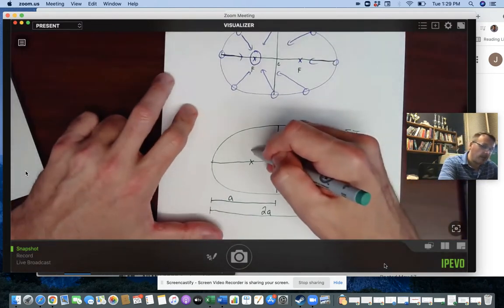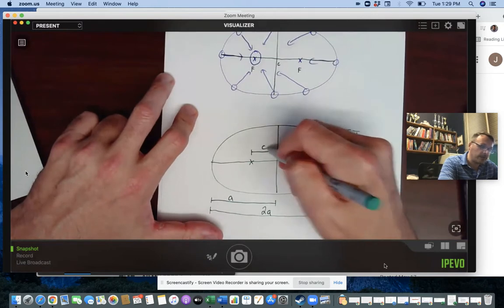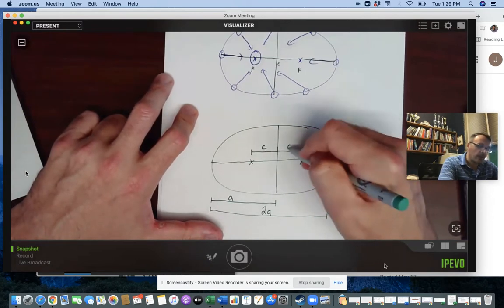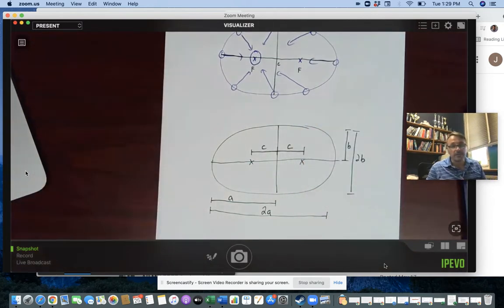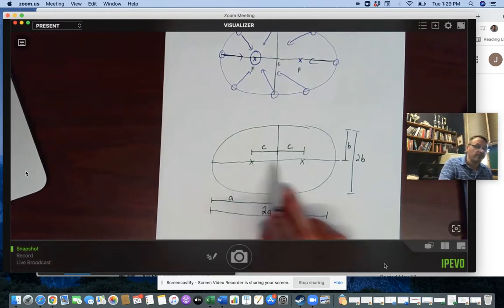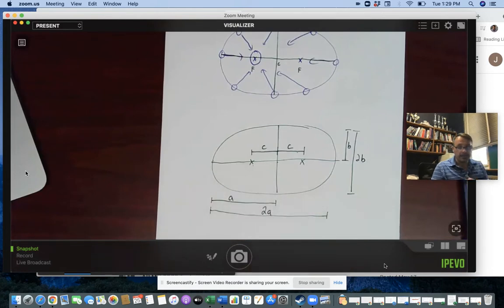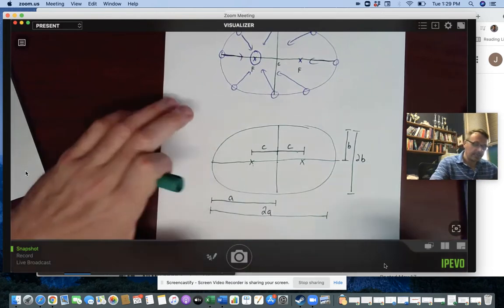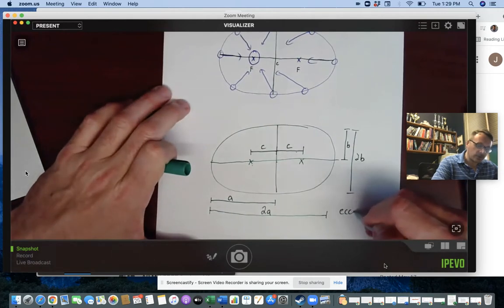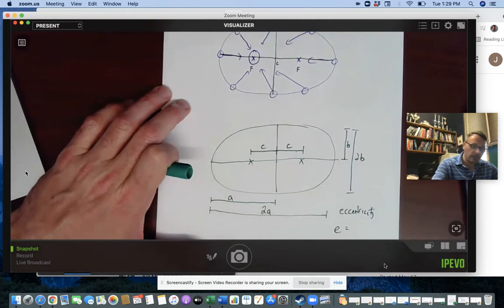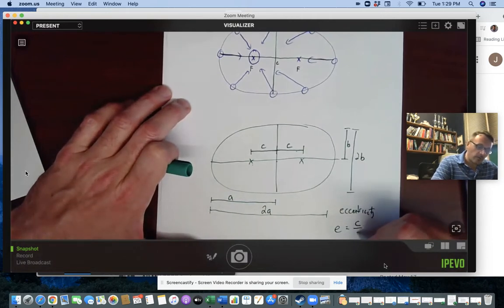The distance from the focus to the center of the ellipse is called c, and it's called the focal distance. So technically the distance from focus to focus is 2c, and the distance from the center out to a focus is c itself. What you should have learned about the ellipse is that there is something called the eccentricity, or little e, and the eccentricity of an ellipse is merely c over a.